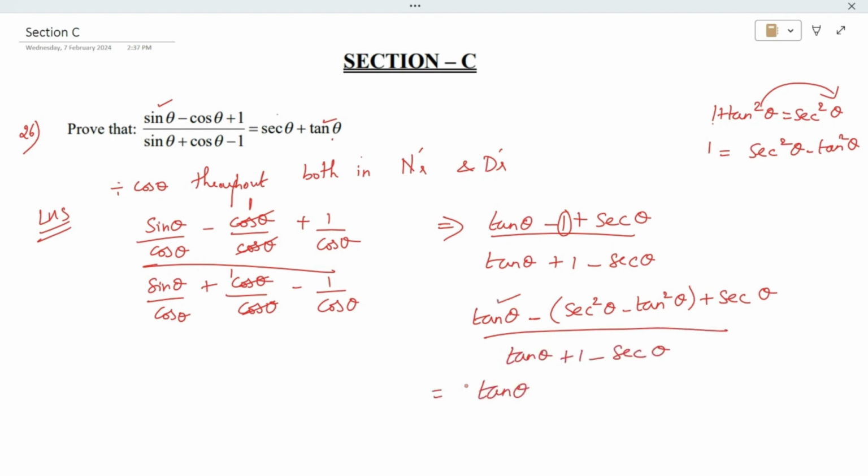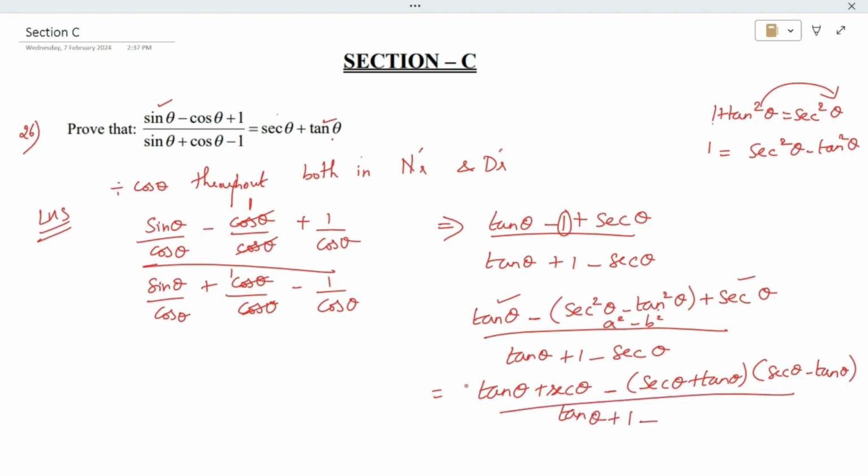So you combine tan theta plus secant theta, minus secant square minus tan square. It is a square minus b square, so I am writing it as a plus b into a minus b, that is secant theta plus tan theta into secant theta minus tan theta, by tan theta plus 1 minus secant theta. I am not doing anything to the denominator.